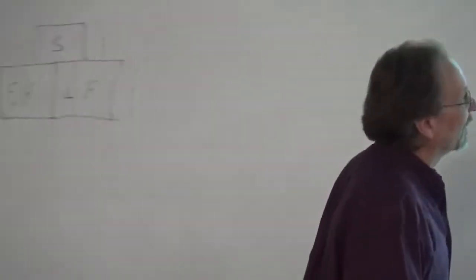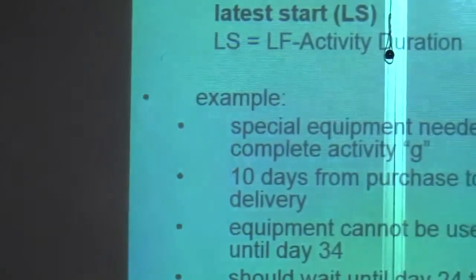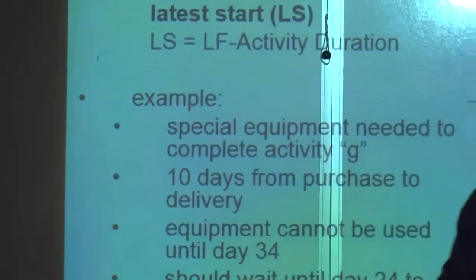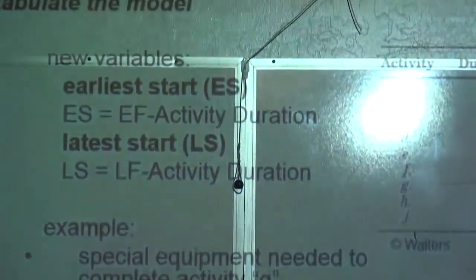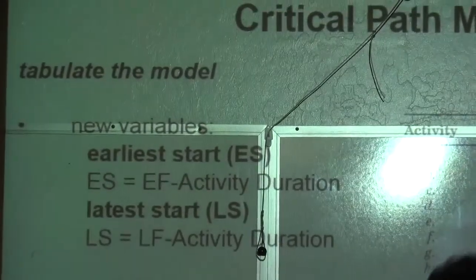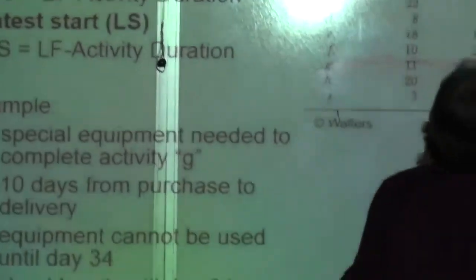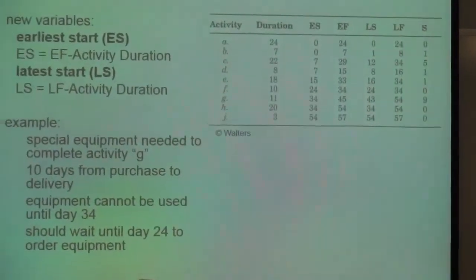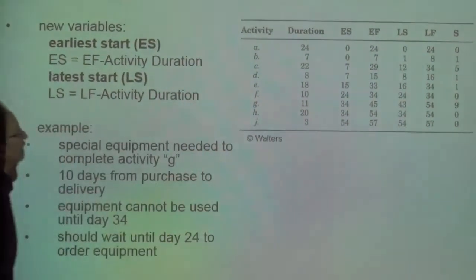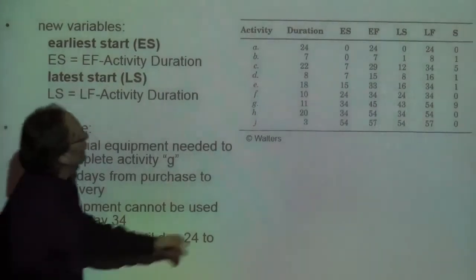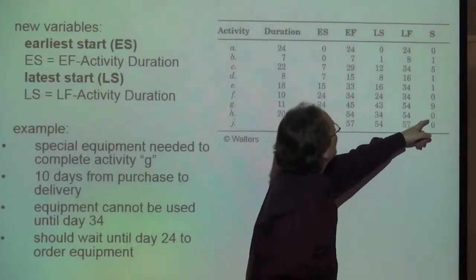And then for this part of the algorithm, you can put it back in a table. It's probably the easiest way to approach this, because we've already got earliest finish, latest finish, and slack.